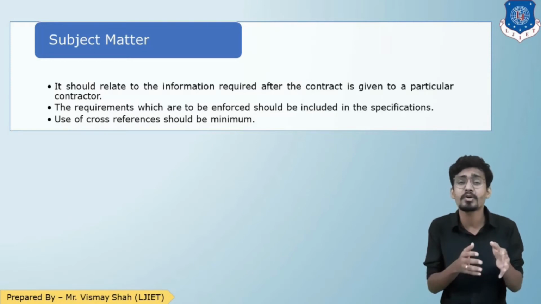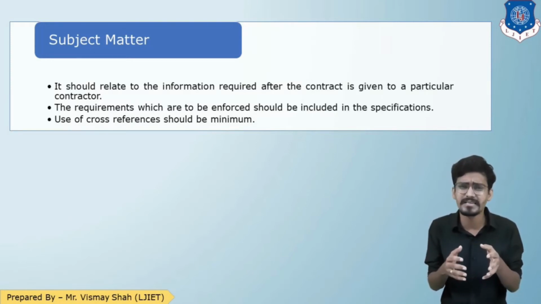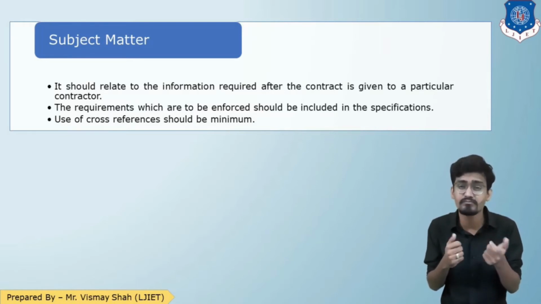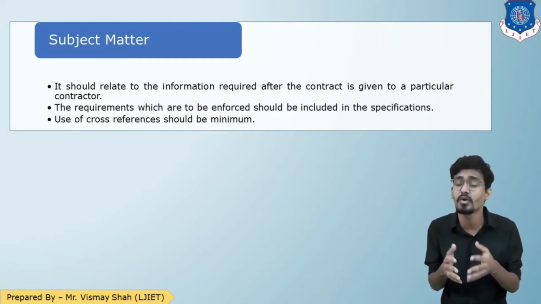There should be minimum cross references, because this kind of cross reference tends to cause misinterpretation of the data by the contractors, or it may happen that while drafting you misspell or forget to write a cross reference, or wrongly give the cross reference, so it may lead to a very huge technical loss. So our first principle is subject matter.